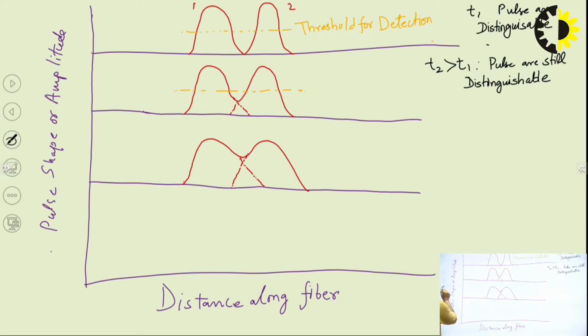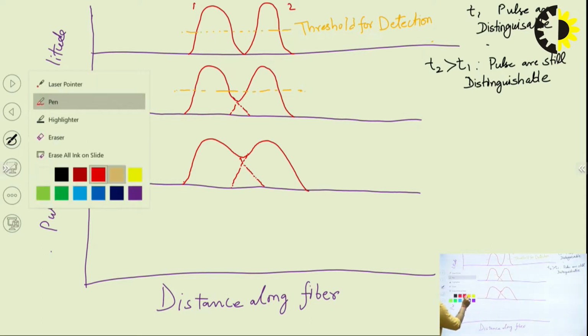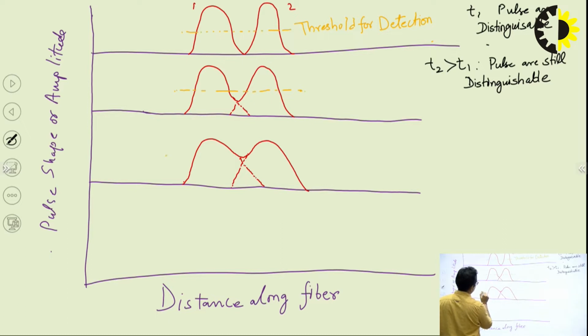In this figure, one can easily find that the strength of the two signals is just touching the threshold voltage that can be detected by the receiver.